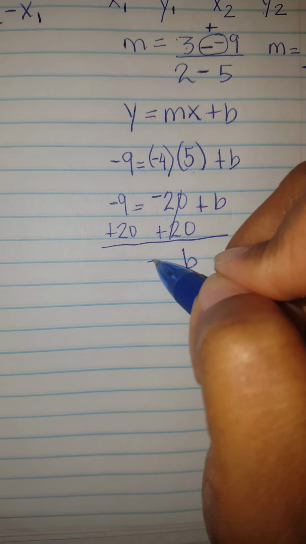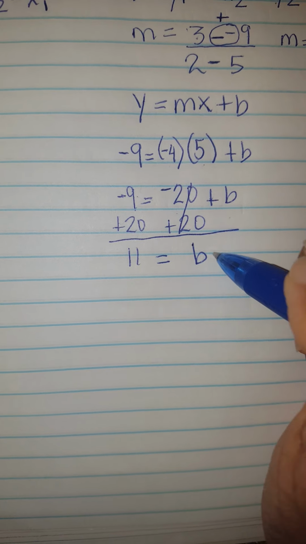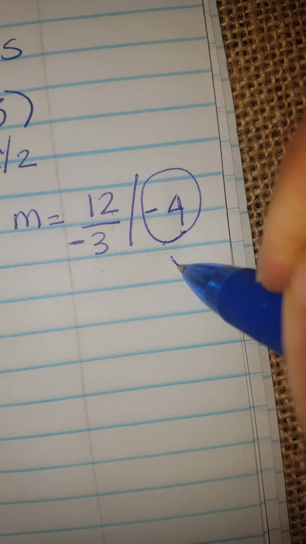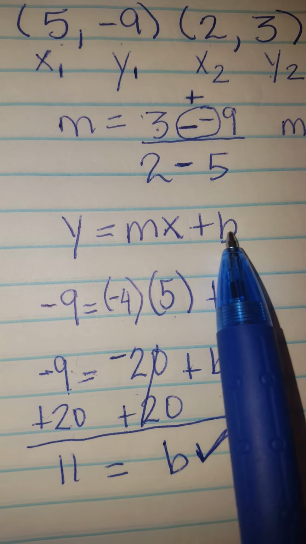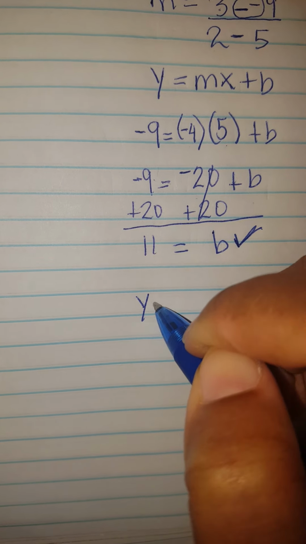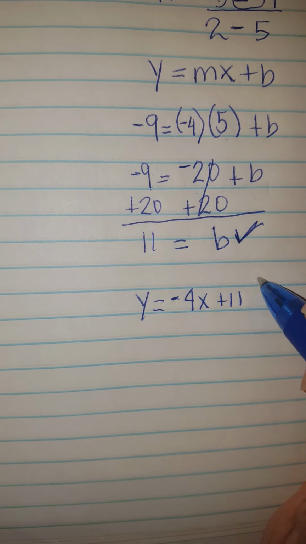The 20s will cancel, so b is equal to -9 plus 20, which is 11. So now that I have b and I have m, well, naturally, I can write an equation in slope-intercept form. So that equation is y equal -4x plus 11.